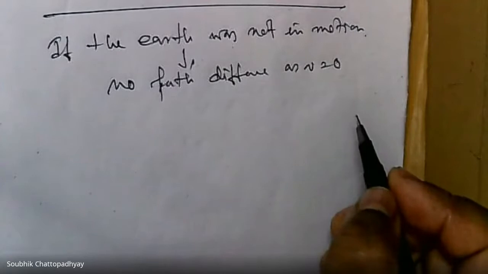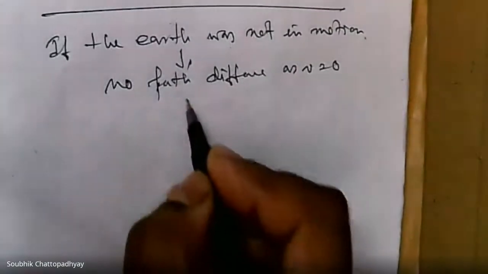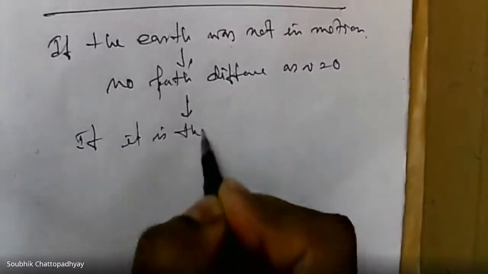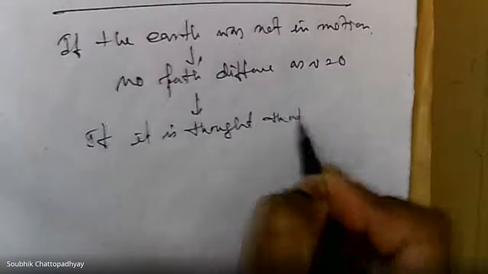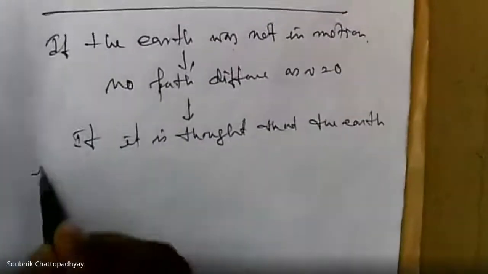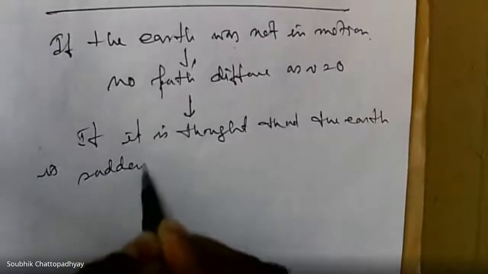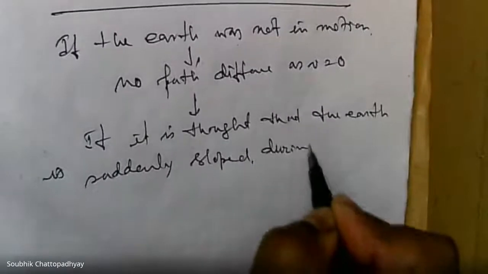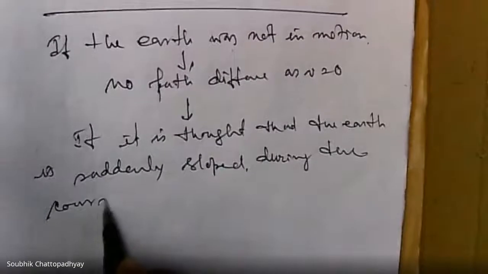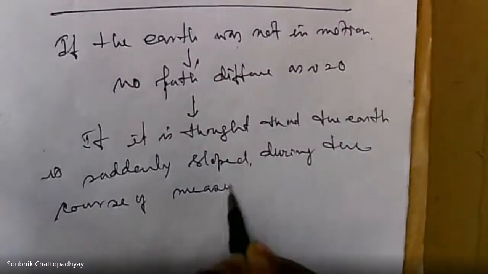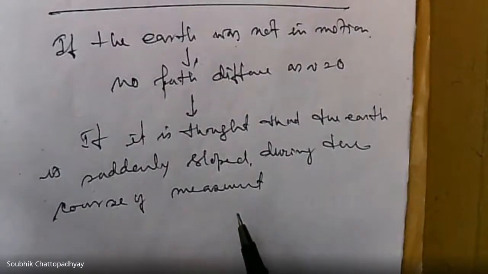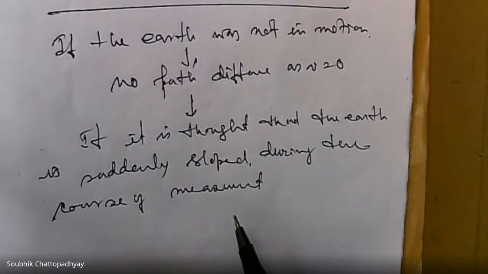So imagine the earth had suddenly come to a stop during the course of the experiment, then the path difference between the two rays would suffer a sudden change.